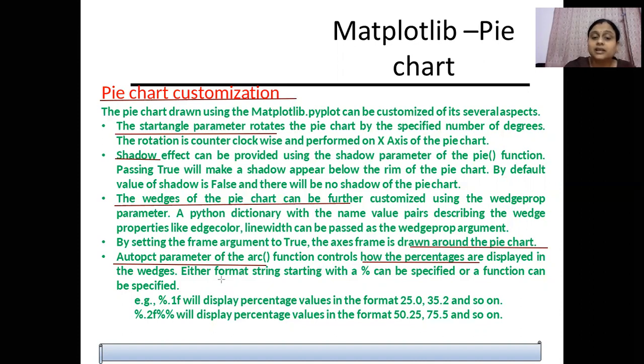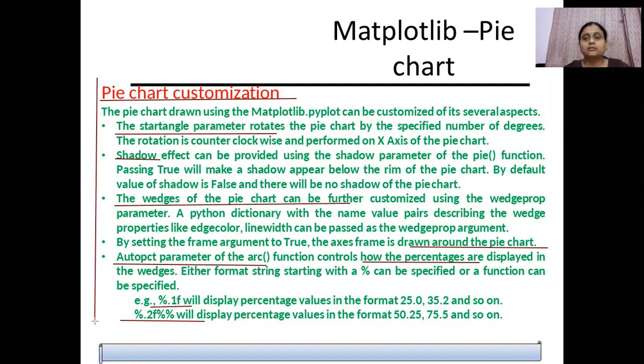For example, 0.1f means floating, and after the decimal it will show 1 digit, and this one in floating points, after the decimal it will take 2. For integer, if we want to display only the integer portion, then we write d. Clear? These are the customizations of the pie chart.